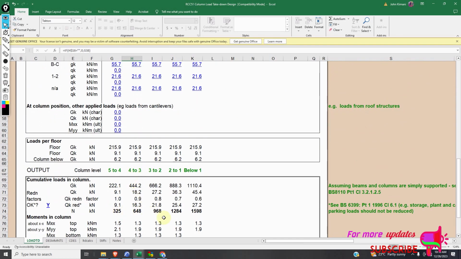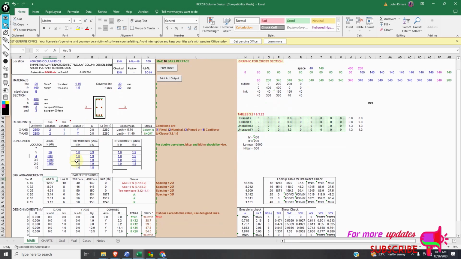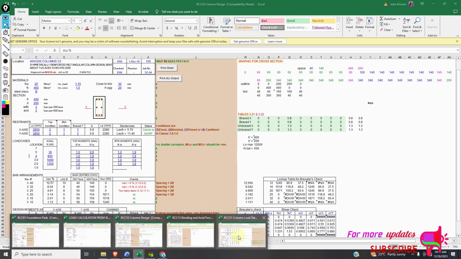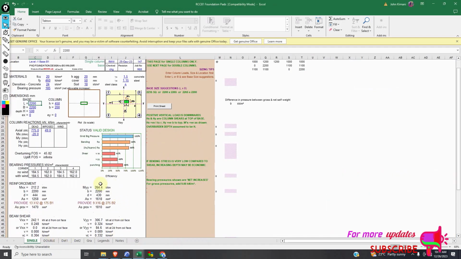Based on these loads, I come to the second spreadsheet, that is column design, and we put our loads from our load takedown, and we can get what is required. But first, we need to be through with this column totally. So we need to design maybe its footing first. So go to the third sheet, foundation, and then put our loads.